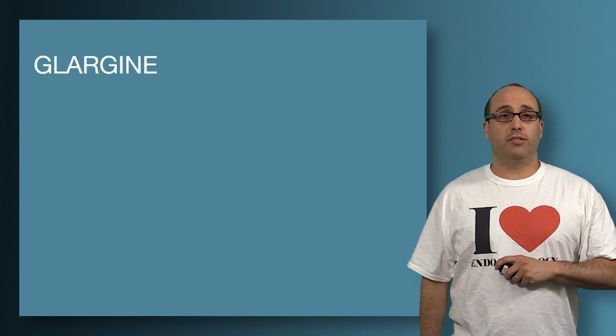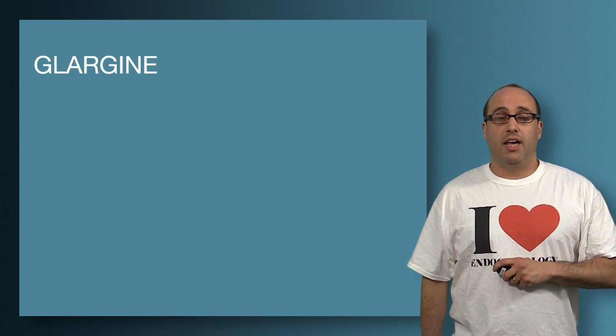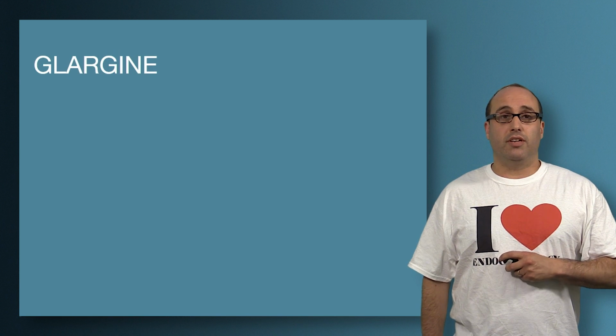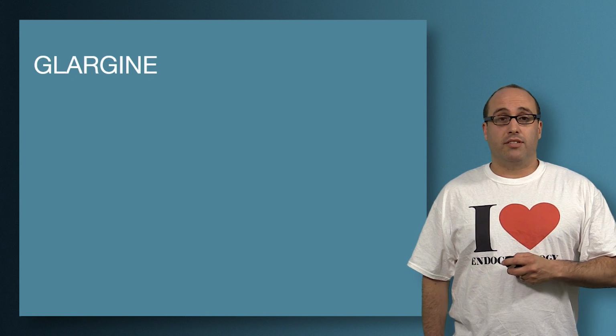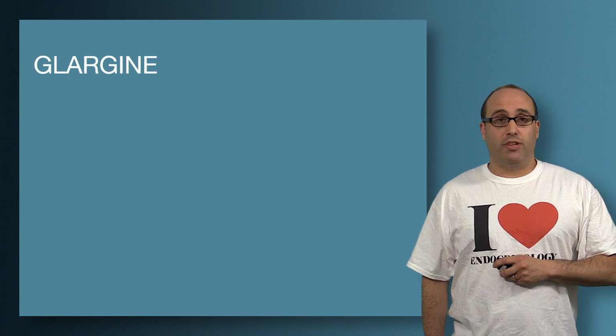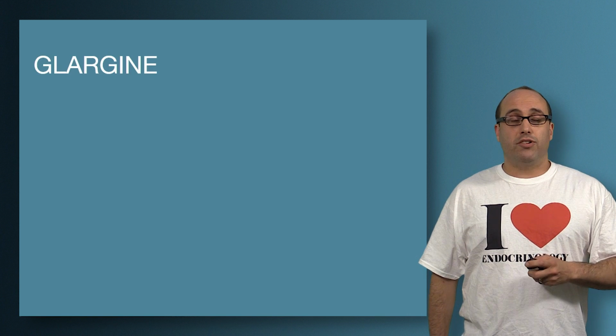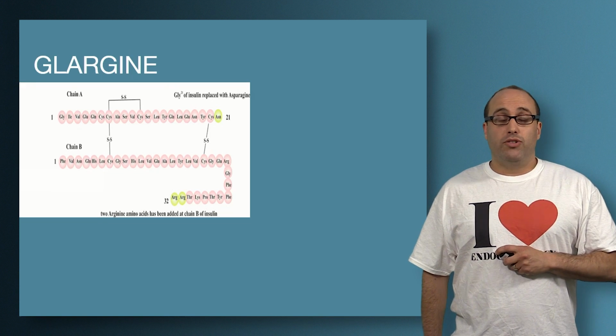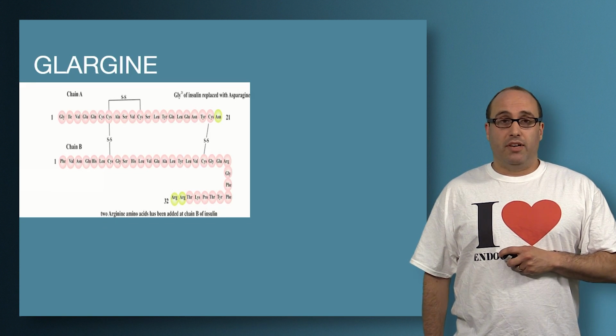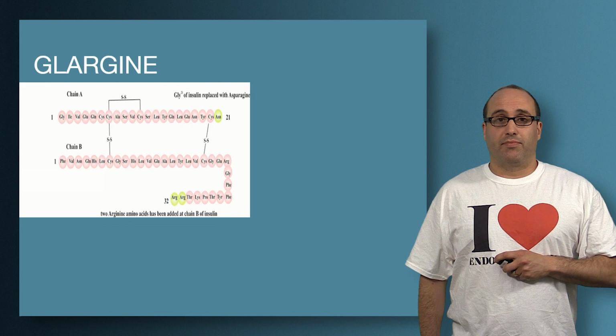What makes one insulin preparation different from another is modifications to the insulin molecule, which changes its absorption properties from the subcutaneous tissues to the bloodstream once injected under the skin. Here's an example of glargine insulin, which is a basal or long-acting insulin, where 2 arginine molecules have been added to the end.